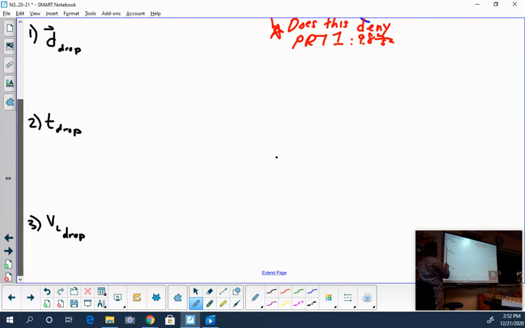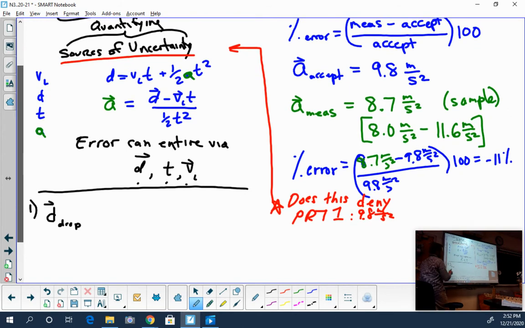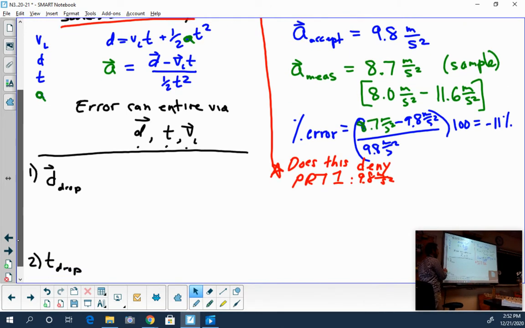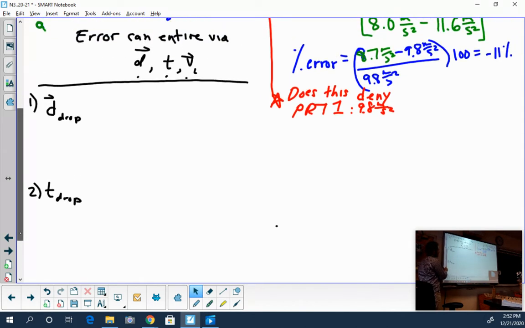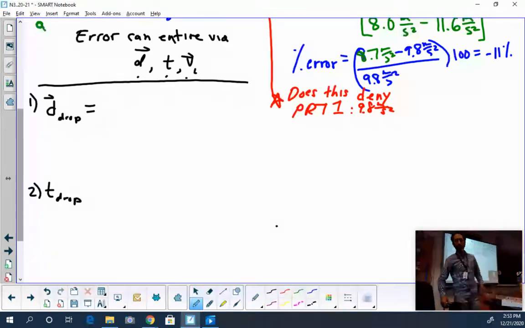That one really is an assumption we made, but we have to think about whether it was a legitimate assumption. So how do we actually go about doing this? Well, let's check this out. We're going to make up some numbers here to give you a sample. In order to find the uncertainty, you're going to put exactly what you got. So let's say this student, I'm going to pull up a video.